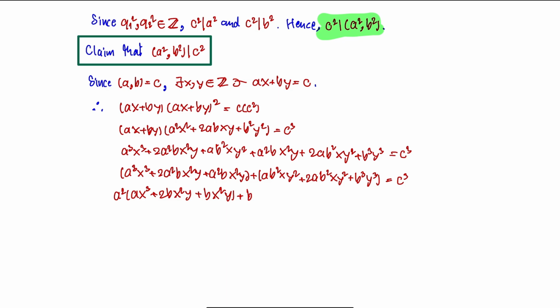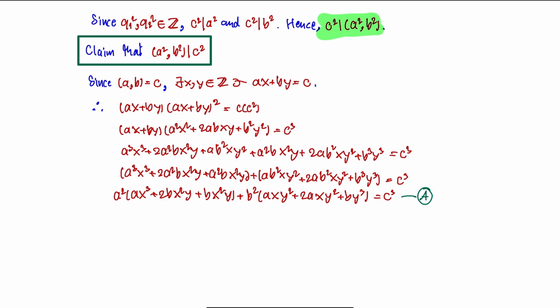So we're going to have b squared times (axy squared plus 2axy squared plus by cubed) equal to c cubed. Okay, great. So this is equation A.